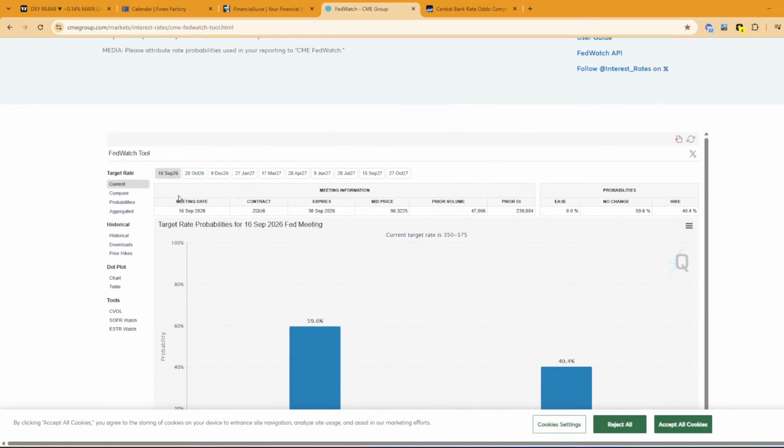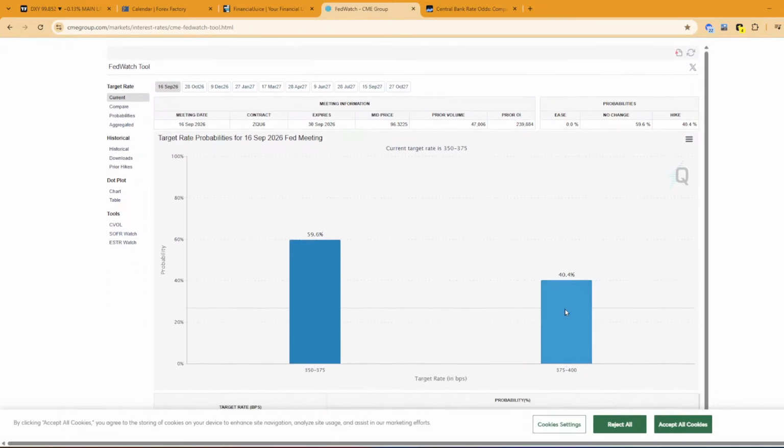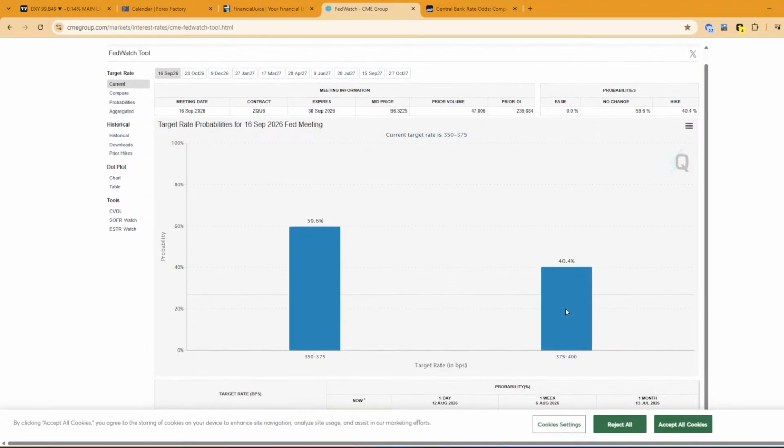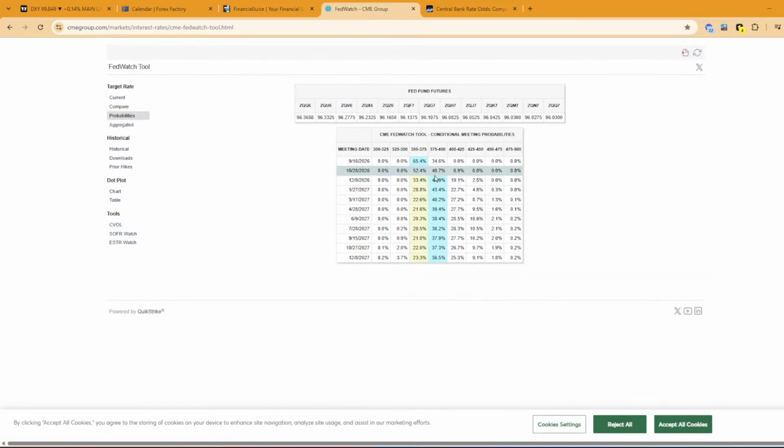when we go to the expectation of hiking rates, it starts to go off the table. You see, 44% for the next meeting. It's a very low probability of hiking rates. So if you go by probability, you see the probability for holding or maybe lowering interest rates has increased. You see, we are around 65% probability on the next meeting.